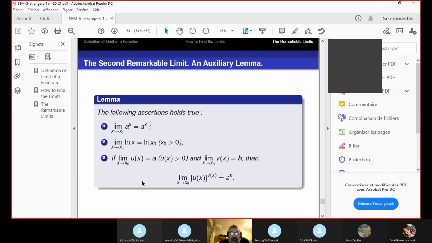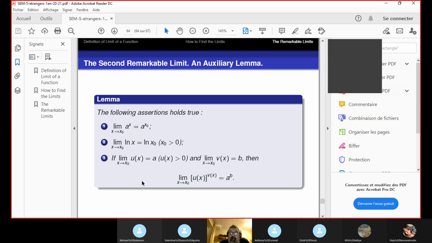So now, for you, we have some results which follow from the continuity of the corresponding function.